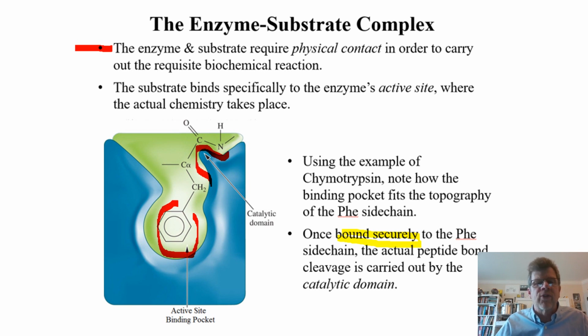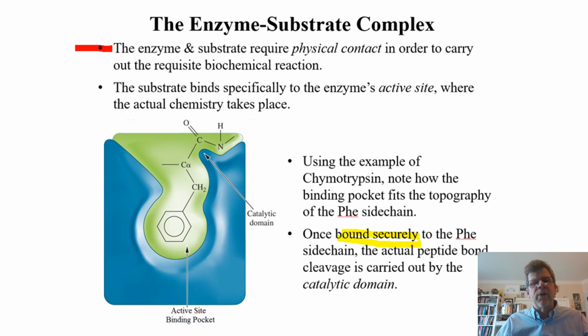And this protuberance right here on this representation, that's where the actual chemistry happens. The catalytic domain are almost always amino acid side chains which actually have this chemistry being carried out. And in this case, that chemistry would be breaking this amide bond right here on this particular amino acid.